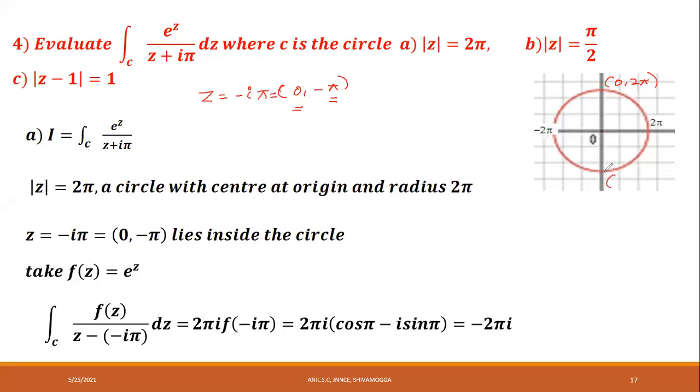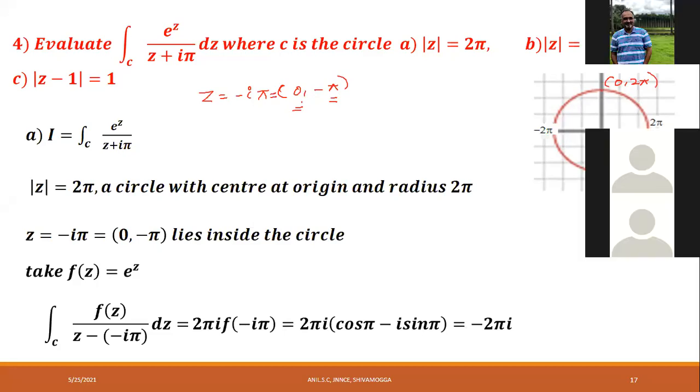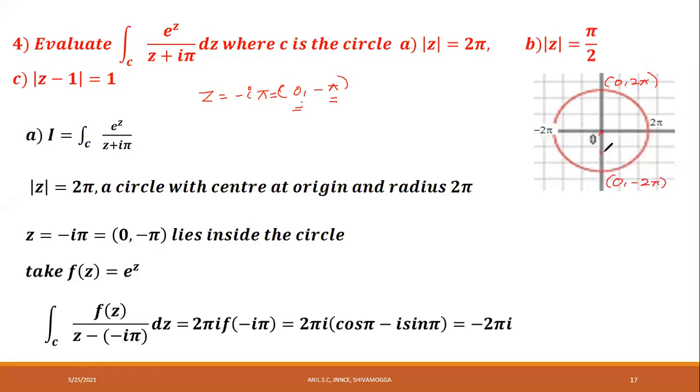Therefore, coordinates of this point are (0, minus 2π). Now locate this point, (0, minus π). This is (0, 0). And this will be the point whose coordinates are (0, minus π). Therefore, clearly it lies inside the circle.